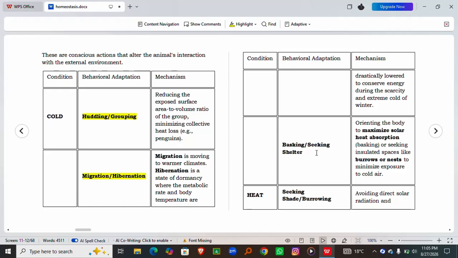So some of them try to hide. They seek shelter, they hide. This one even applies to humans. When it is too cold outside, a human will seek shelter, will go inside, close themselves indoors to ensure that they don't die because of loss of too much heat.